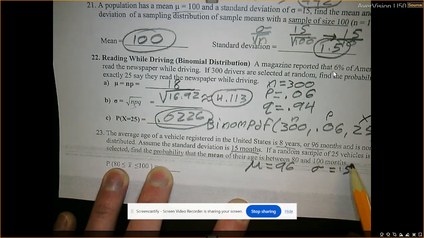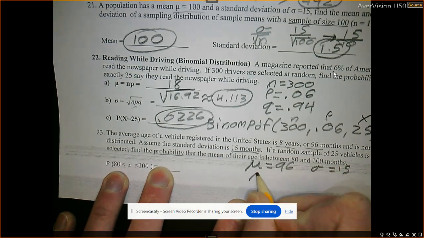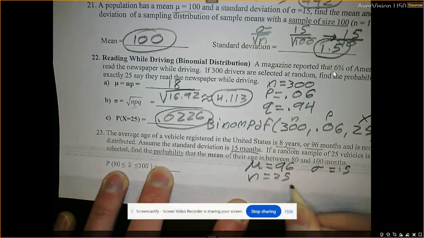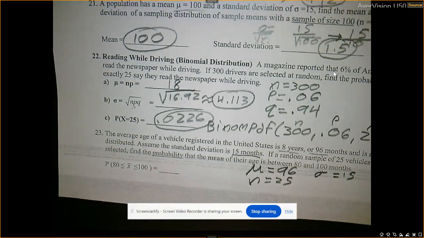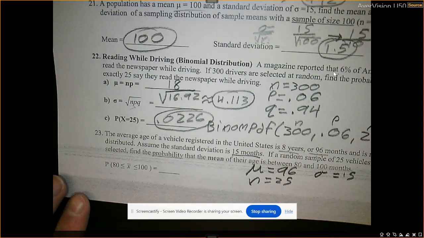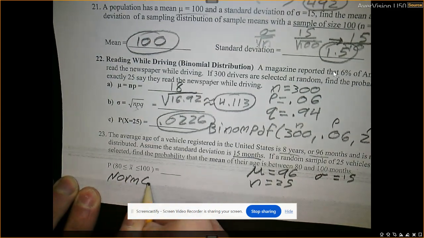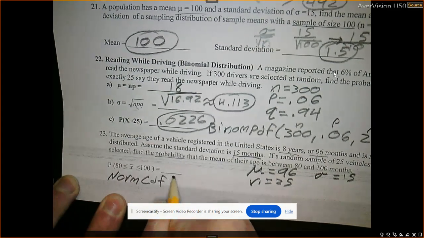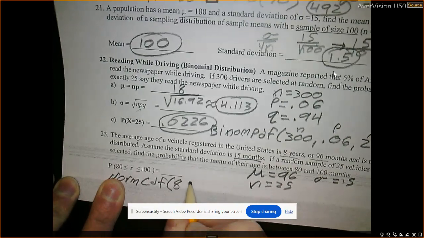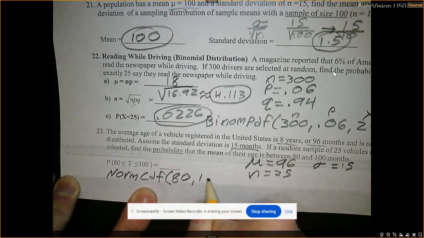If a random sample of 25 vehicles, that means n is 25, find the probability that the mean of their age is between 80 and 100. For finding probabilities like this, that's going to be the normal CDF function. And they give us the lower bound of 80, upper bound of 100.